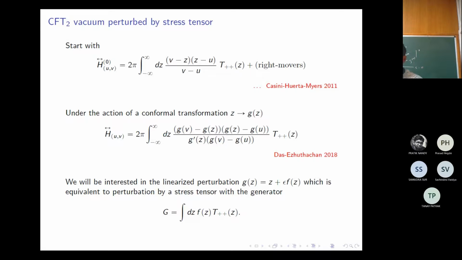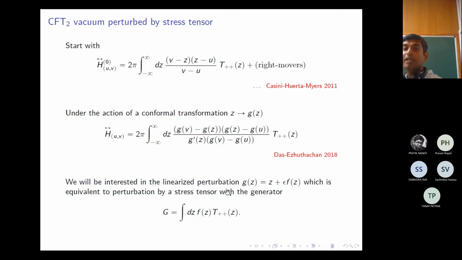So to match with our previous results, this conformal transformation can be expanded to first order in epsilon with some F of Z, which relates precisely to the F of Z we had before. This corresponds to the generator F of Z T plus plus of Z.